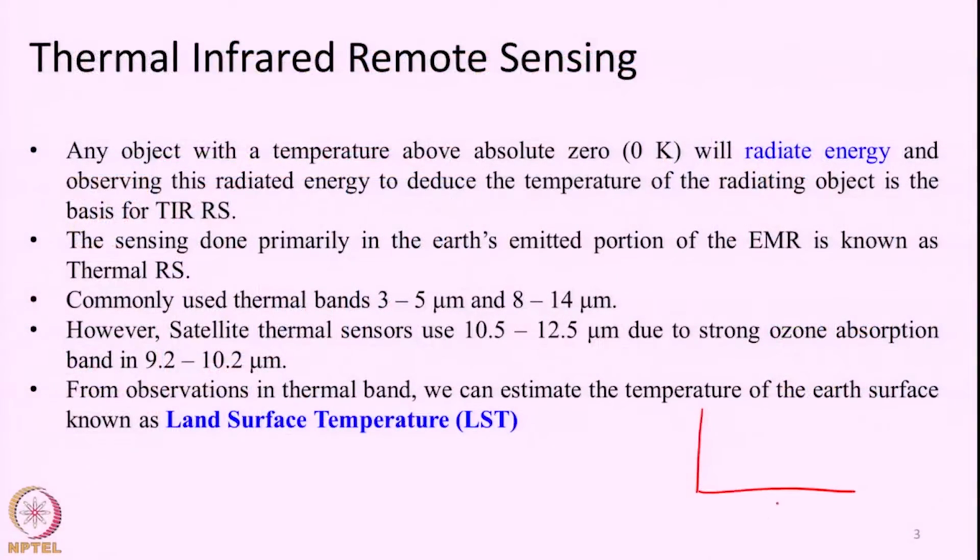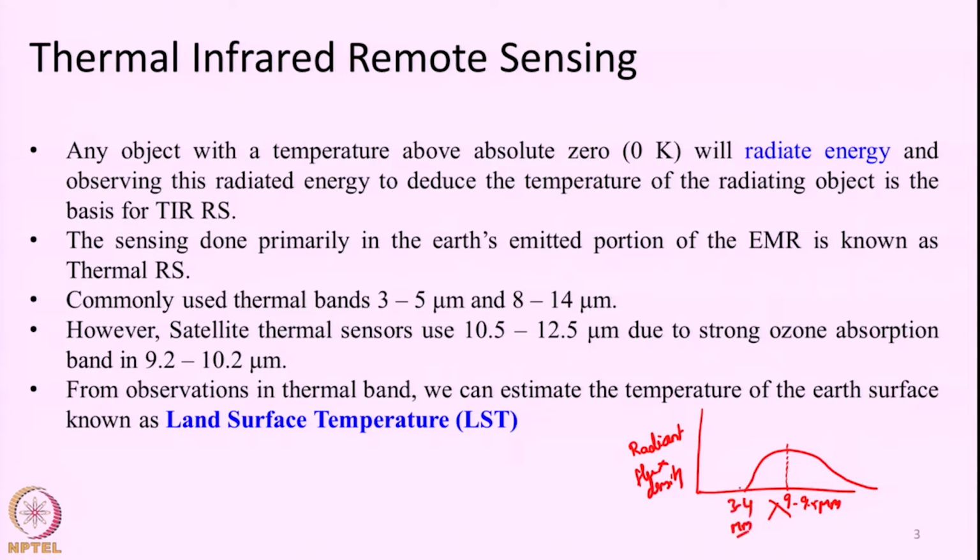For example, this is the wavelength, and this is the radiant flux density. If we use Planck's law, the curve may look something like this, where the peak will be around 9 to 9.5 micrometers in wavelength, and the energy may start around 3 to 4 micrometers.